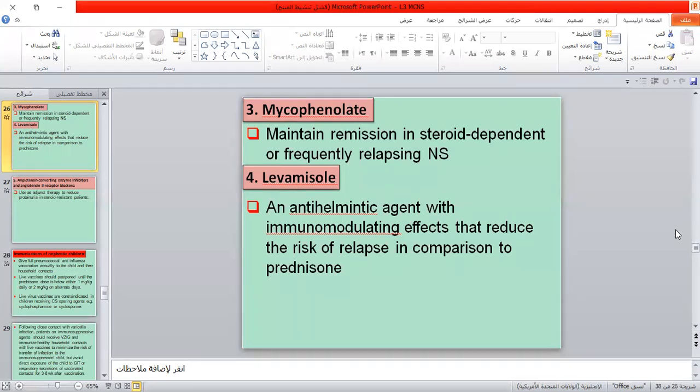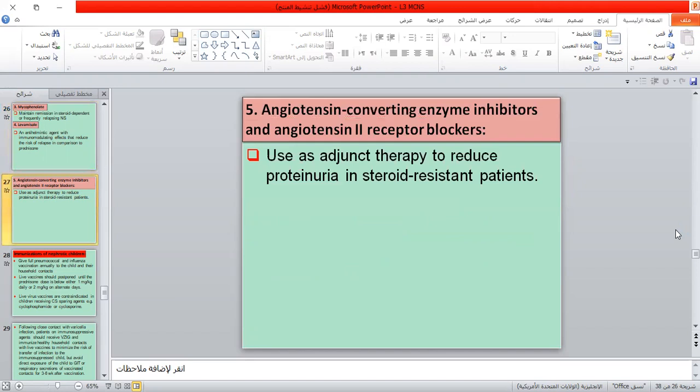It maintains the remission in steroid dependent or frequent relapse nephrotic syndrome. هذا كلهن يستخدمن in addition to the corticosteroid. ما نقطع الكورتيكوستيرويد، نستخدم. عندنا ليفاميزول اللي هو انتي هرمنتك يستخدمونه للتريتمنت اوف ذا worm infestation للديدان، بس شافوا عنده immunomodulating effect فيستخدم that reduces the risk of relapse in comparison to the prednisolone. يعني شافوا اذا استخدموا ذات الانتي هرمنتك الليفاميزول موجود بالسوق متوفر ليفاميزول، شافوا يقلل الريلابس مقارنه بالكورتيكوستيرويد.